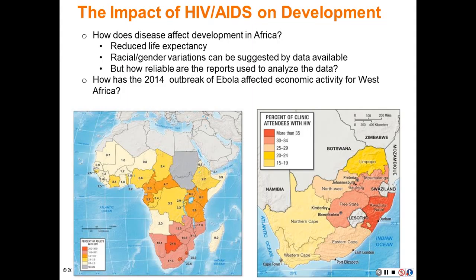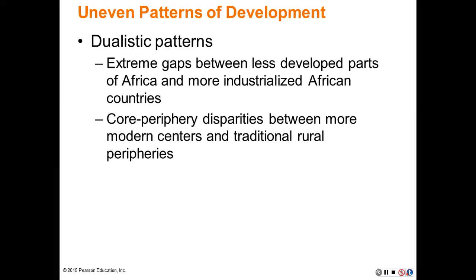There are uneven patterns of development. We recognize two dualistic patterns. There are extreme gaps between less developed parts of Africa and more industrialized parts of Africa. The disparity between some of the rural, remote agricultural regions in landlocked countries, especially those in the Sahel, just south of the Sahara, that very poor part of Africa.